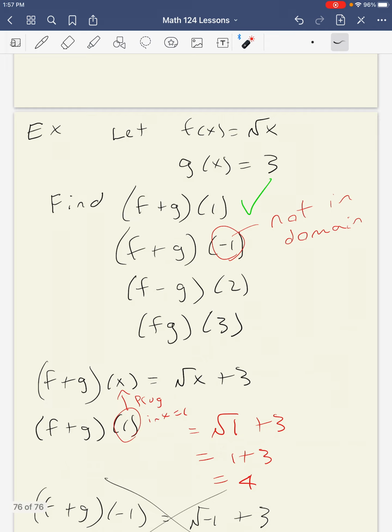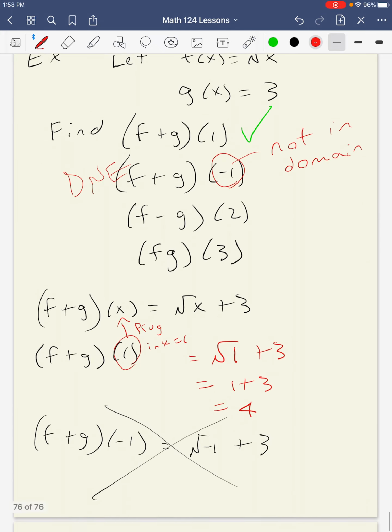That's simply because the domain of f is x greater than or equal to 0. The domain of g, we could plug in anything there. So we put a number that's not in the domain, right? It's kind of a trick question. So I could say the answer does not exist for this one.